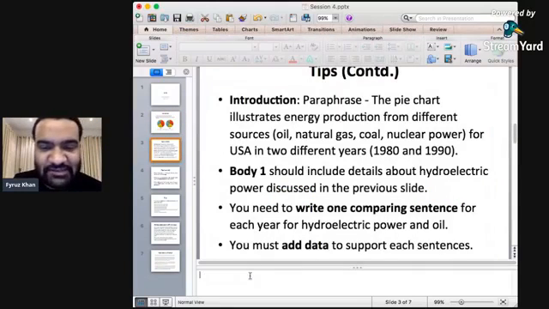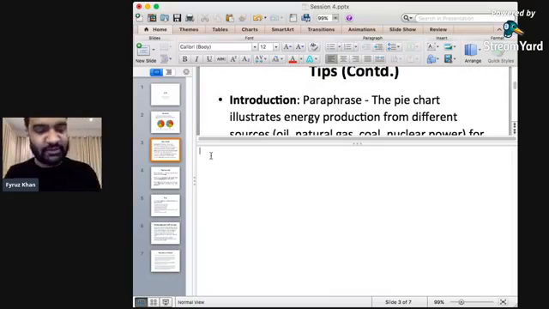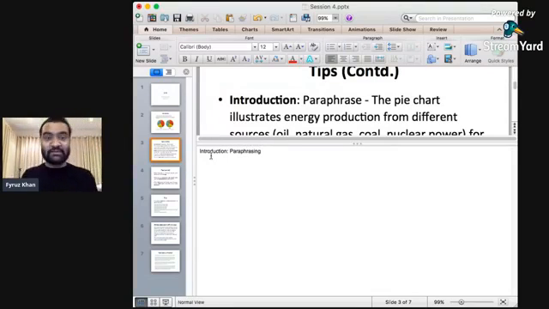Again, it's a similar structure. Let's write it down. Let's do it together. So introduction. Write down introduction. Okay, so introduction, we know it's about paraphrasing, right? It's about paraphrasing.